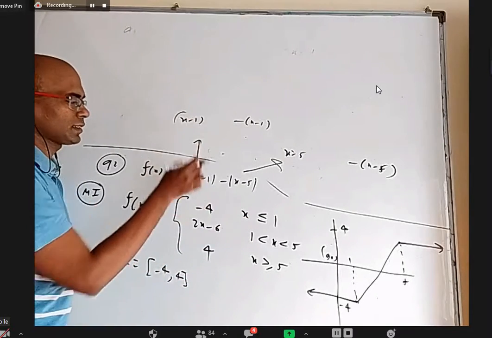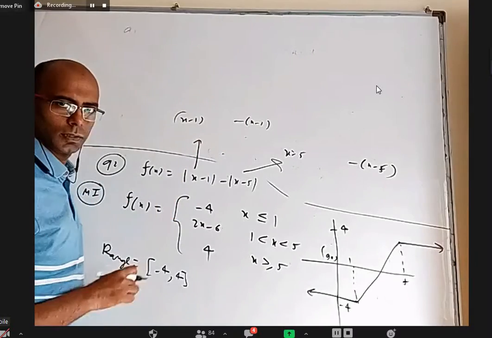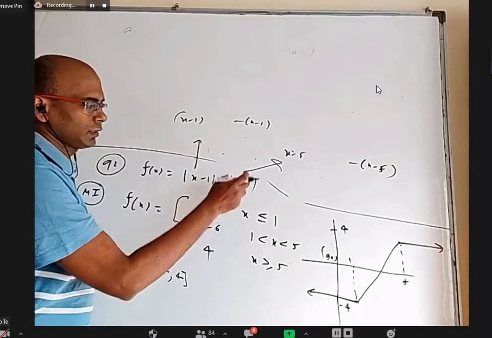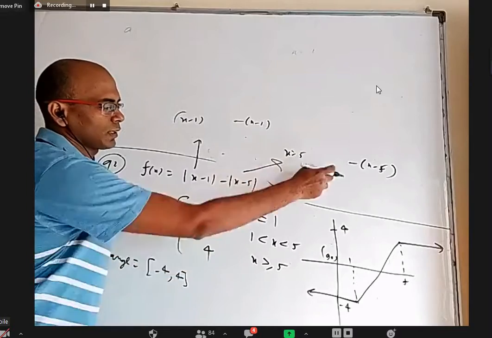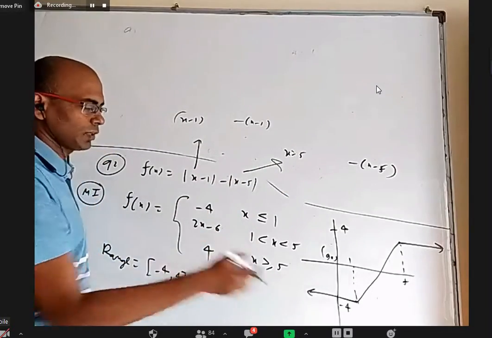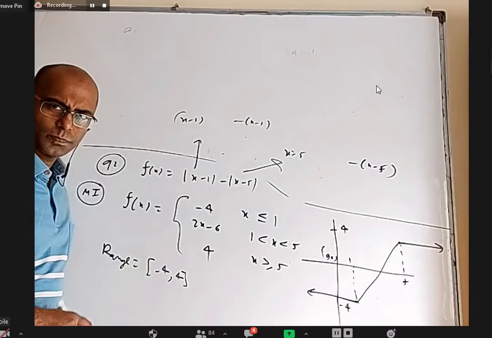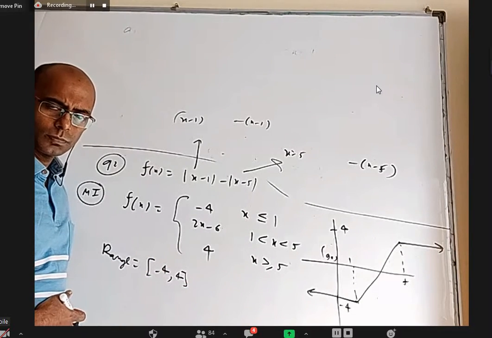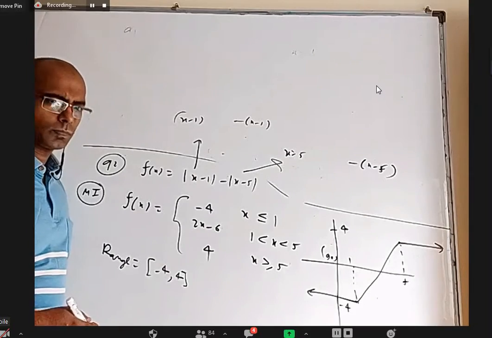If it is positive, write this; if it is negative, write this. In each case, x less than 1, between 1 and 5, more than 5, you write, and you'll get automatically all these things. Is it okay? Yes, sir.